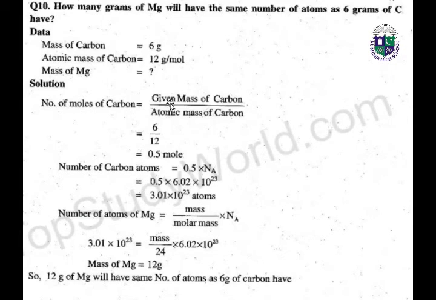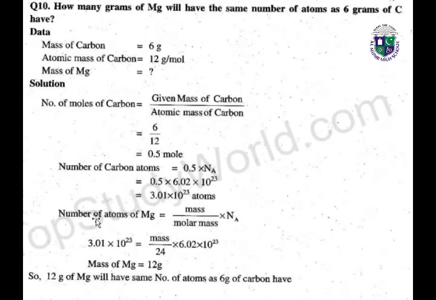Given mass of carbon over atomic mass of carbon, 6 over 12, the answer is 0.5 moles of carbon. To find the number of carbon atoms, we multiply the number of moles of carbon by the value of Na, which is 6.02 × 10^23. So the answer will be 3.01 × 10^23 atoms.